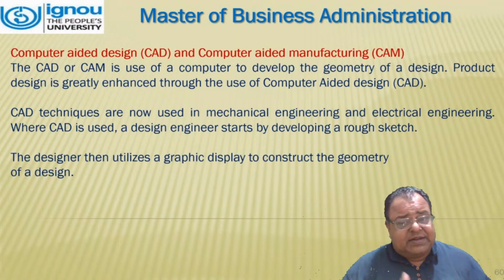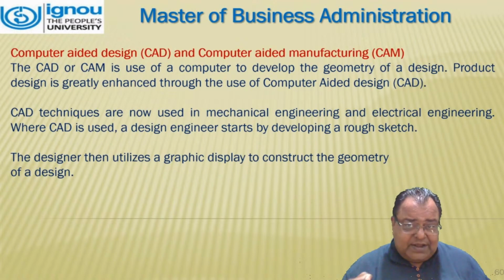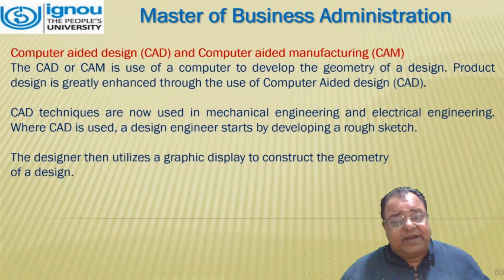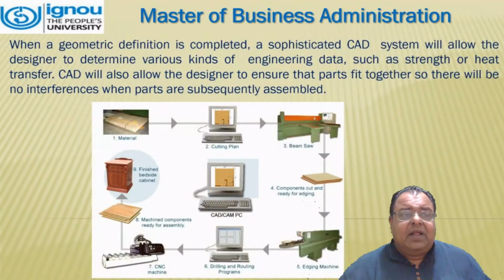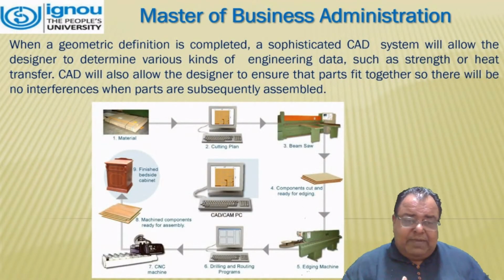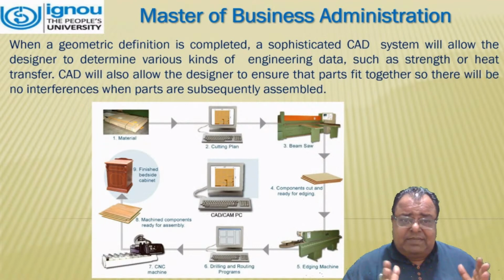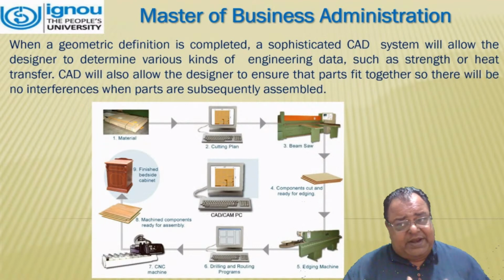A design engineer starts by developing a rough sketch. The designer then utilizes a graphic display to construct the geometry of a design. When a geometric definition is completed, a sophisticated CAD system will allow the designer to determine various kinds of engineering data, such as the strength or heat transfer.